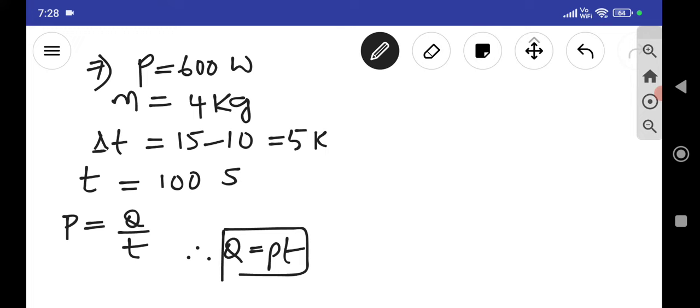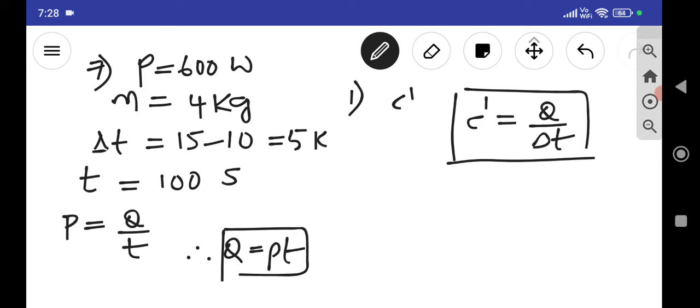Next, in this they are asking you first question, that is what is the heat capacity? What is the formula for heat capacity? Q by delta T. Right, so we should know what is Q here. Power is how much? 600. Time is given as 100. Is it right? So therefore you get 60,000 joule.